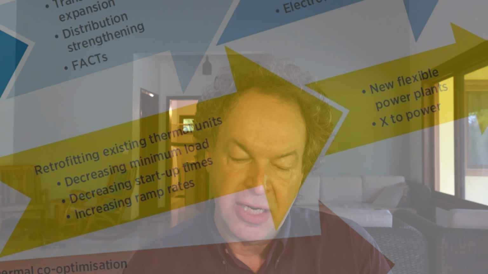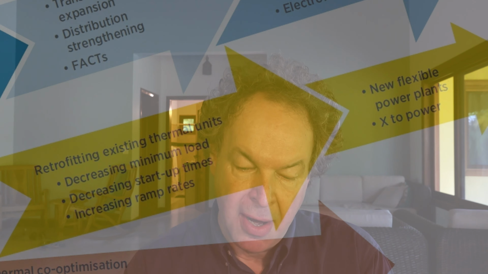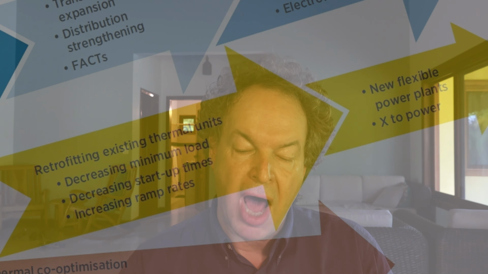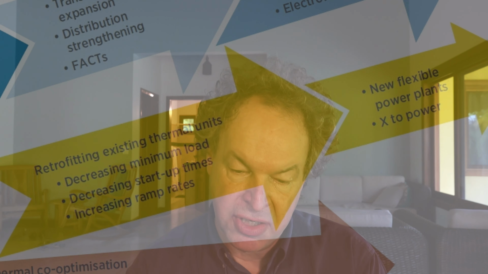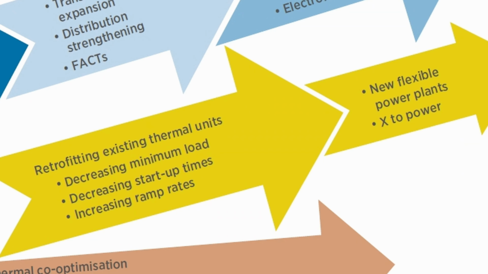We also can take a look, which is a bit more expensive, but also can serve for a higher share of variable renewable energies, at new flexible power plants, such as gas power plants or X2 power. So X2 power, that means we can use either gas or hydrogen to generate power.